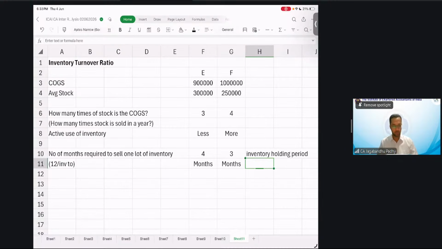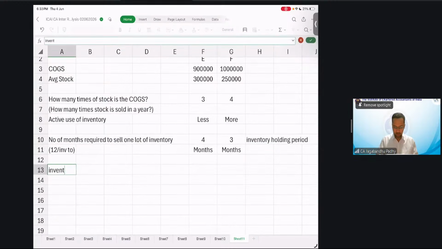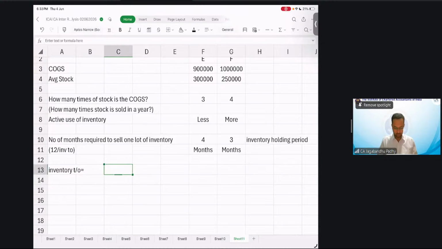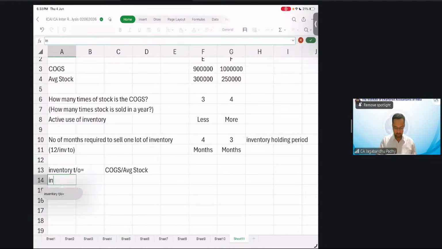So inventory turnover ratio is going to be COGS upon average stock.